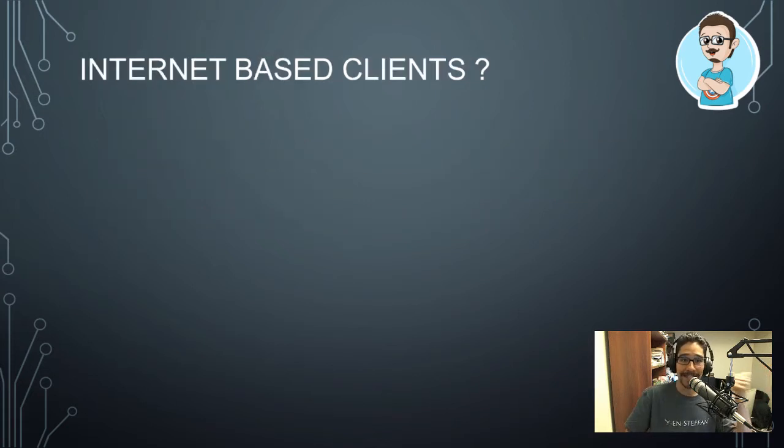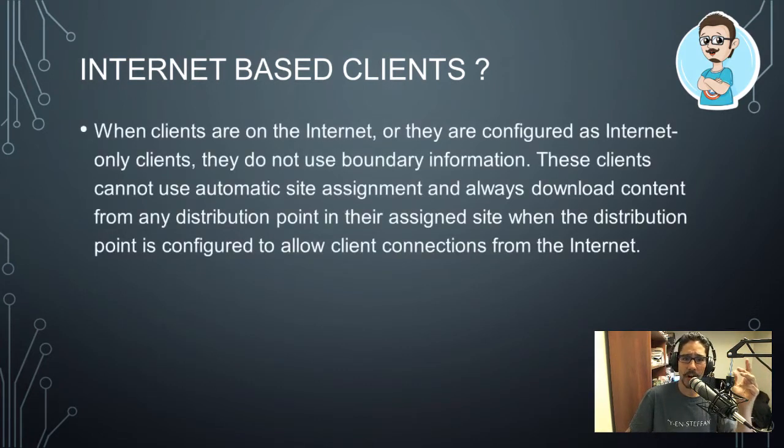And you also have internet-based clients. Those individuals or computers that are not part of the network, consultants, those individuals that are always traveling a lot. When clients are on the internet or they are configured as internet-only clients, they do not use boundary information. That's a big problem. These clients cannot use automatic site assignments and always download content from any distribution point in their assigned site when the distribution point is configured to allow client connections from the internet.